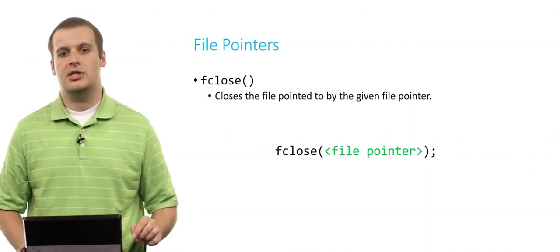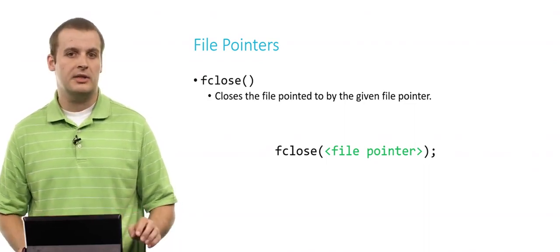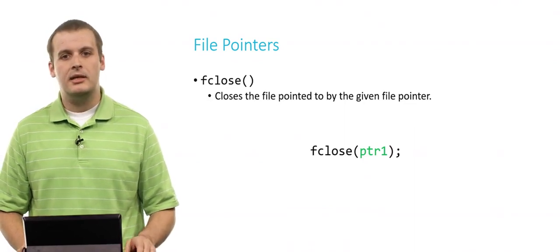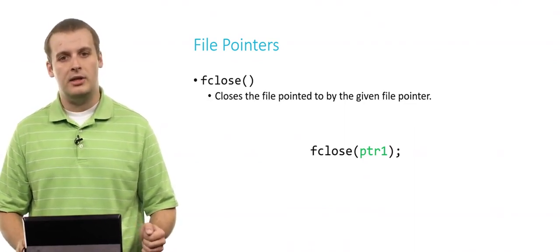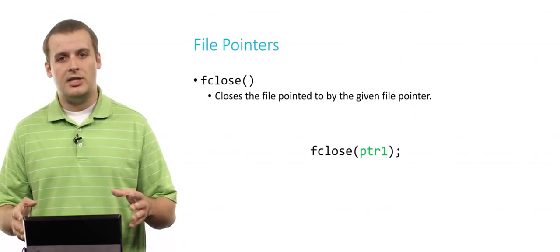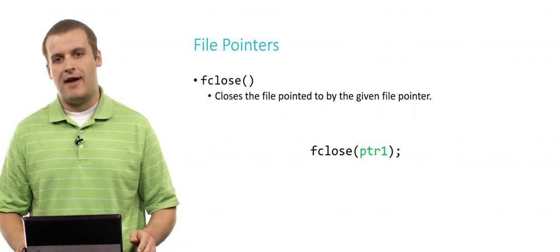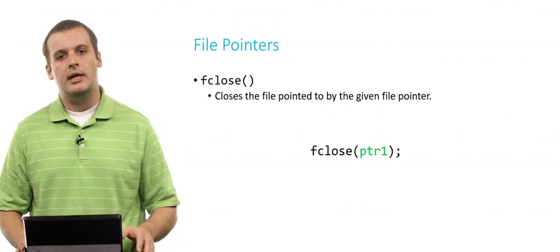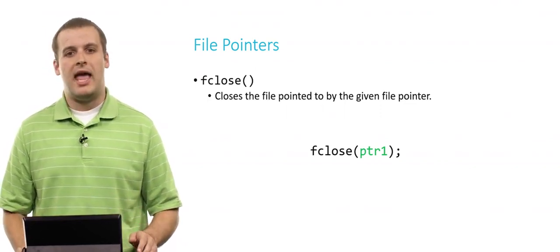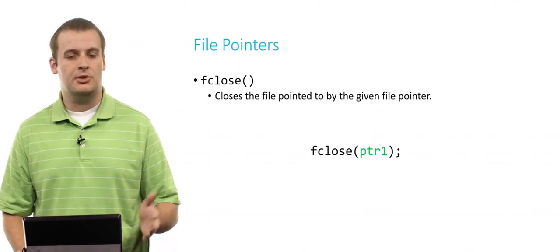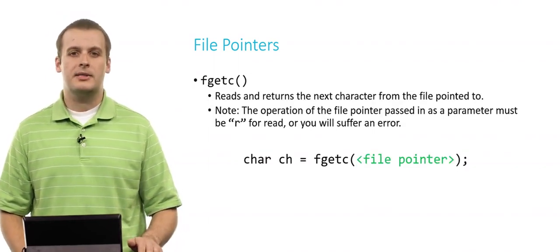So fclose means we're done working with this file, and all we need to pass in is the name of a file pointer. A couple slides ago, we fopened file1.txt for reading, and we assigned that file pointer to ptr1. Now we've decided we're done reading from that file. We don't need to do any more with it. We can just fclose ptr1, and similarly we could fclose the other ones.